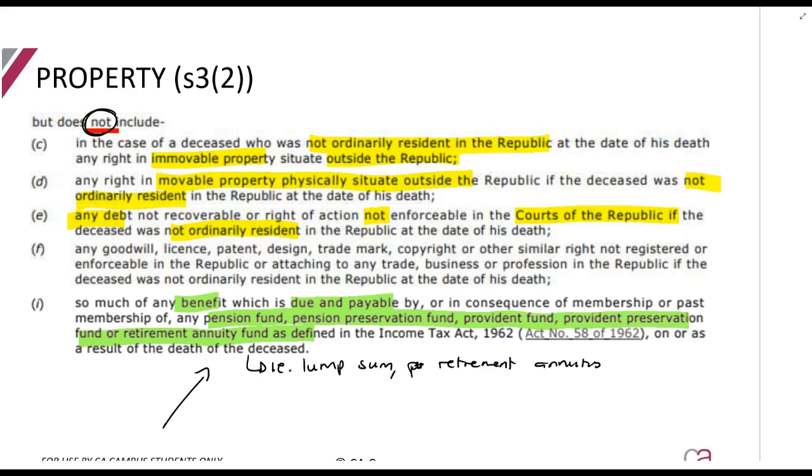Any goodwill, license, patent, design, trademark, copyright, or any other similar right not registered in the Republic. So property is actually intangibles from outside of the country. You can see most of these have to do with non-residents, and the one over here has to do with retirement.